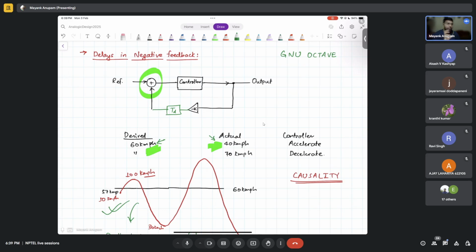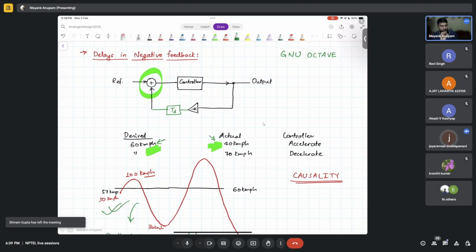Any negative feedback loop will see the difference, and based on the difference, it will send a signal, right? If the difference is very large, it will send a large signal. It will say, there is a lot of difference, you need to do something, whatever you are doing, do more of that. If the difference is smaller, the loop will say, you are getting closer now, maybe you can reduce what you are doing so that you can achieve the steady state. Are you getting my point?